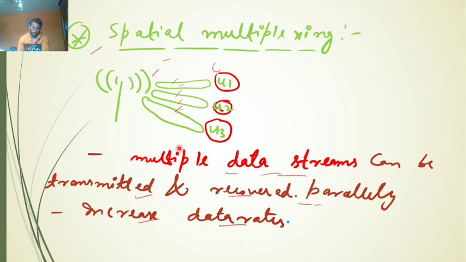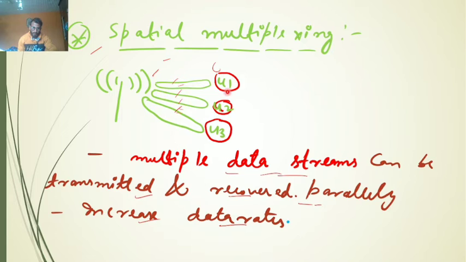Let's go to the next one, spatial multiplexing. So what is spatial multiplexing? Spatial multiplexing is where multiple data streams can be transmitted in parallel to the users, in both uplink as well as downlink. These are the parallel beams, transmitted in parallel to the users.